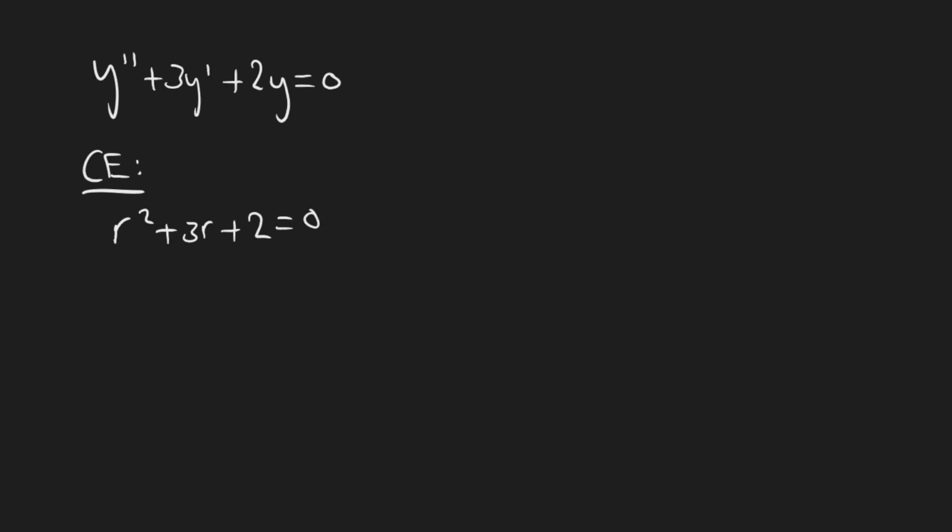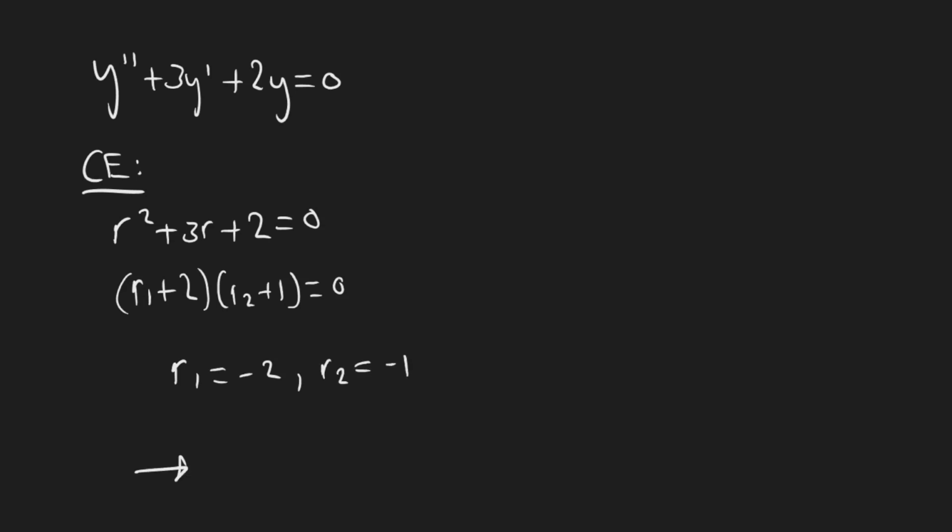Okay, so it seems like to solve this equation, we'll just factor, and that will give us (r1 + 2)(r2 + 1) equals 0, and that's because 2 and 1 add to 3 and multiply to 2. So we're just doing a quick factoring, basically, right there. And so r1 then equals -2, and then r2 equals -1.